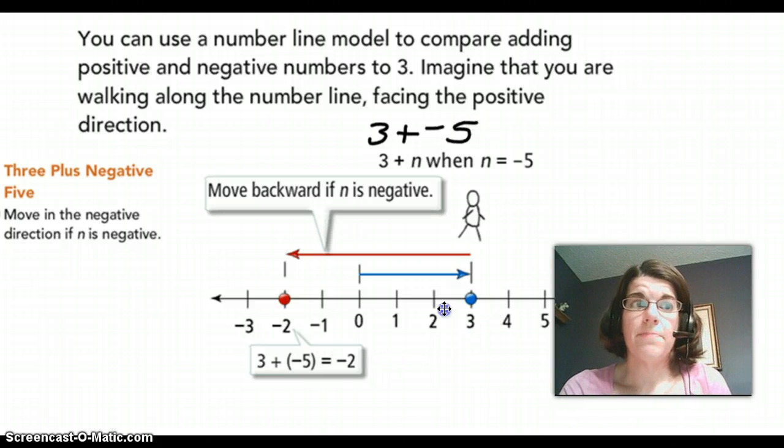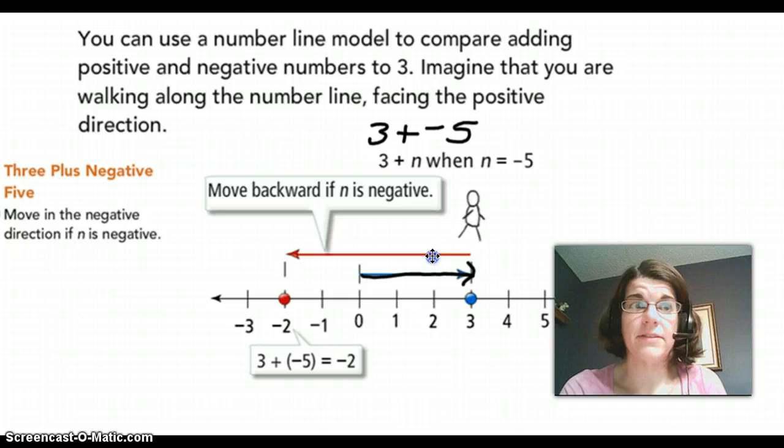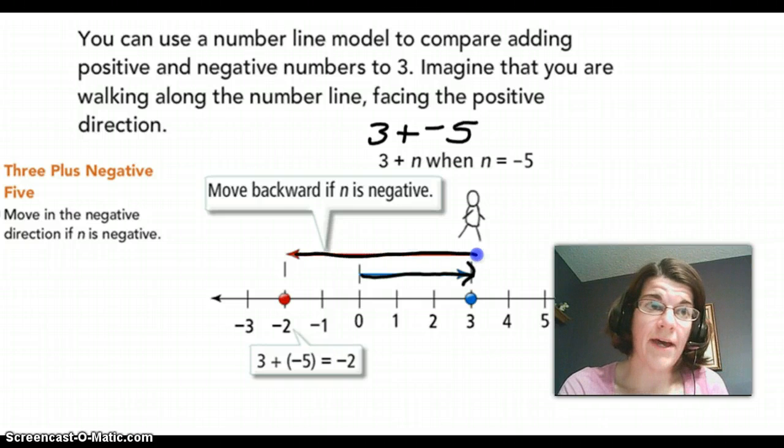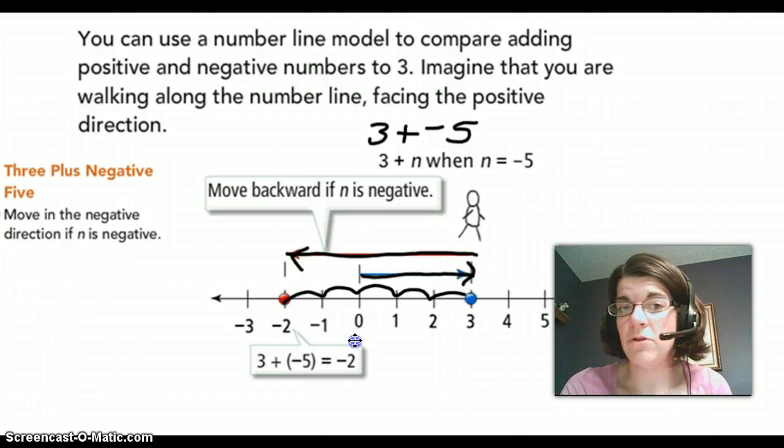So we start at positive 3 again, so from 0, we move forward 3 places, and because we have a negative 5, we're going to move back 5 places. So the little man has to turn around and go back 5. And if we count out the 5 places, 1, 2, 3, 4, 5, we end up with negative 2.